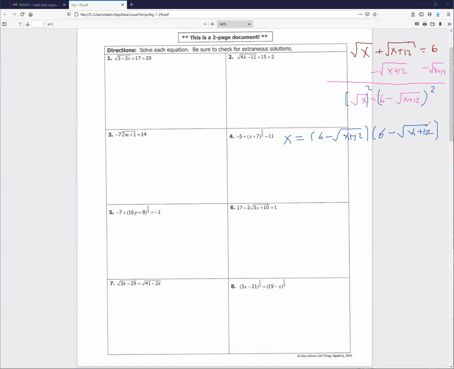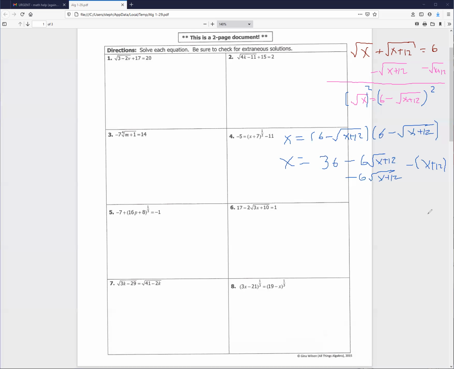If you know your binomial square, you can do this a lot faster than the way I'm writing it out. So x equals first, outer, inner, and last, minus quantity x plus 12.